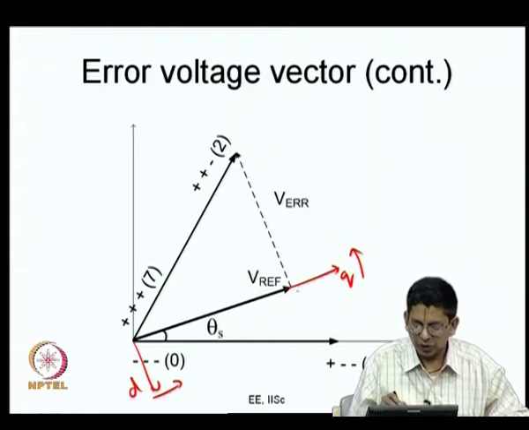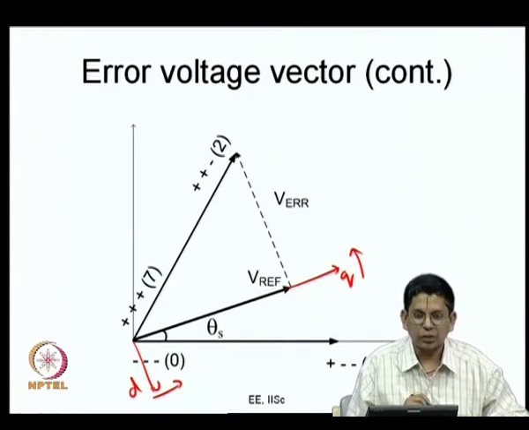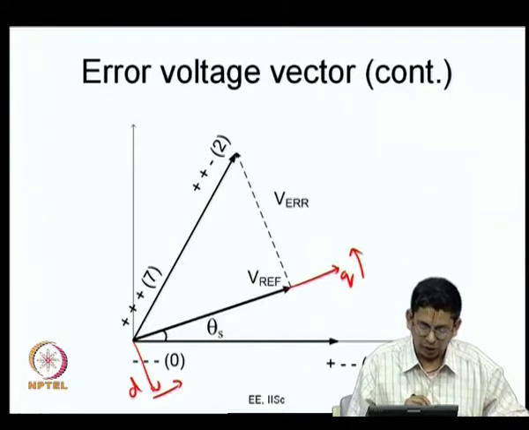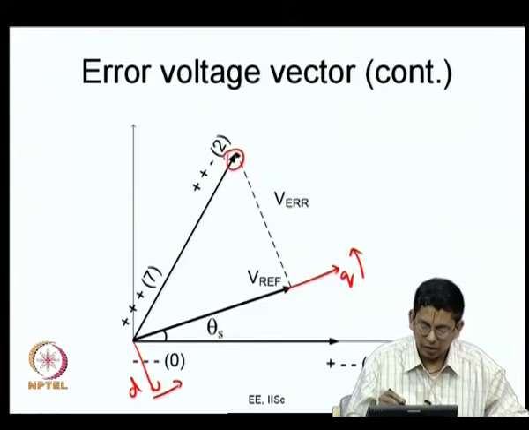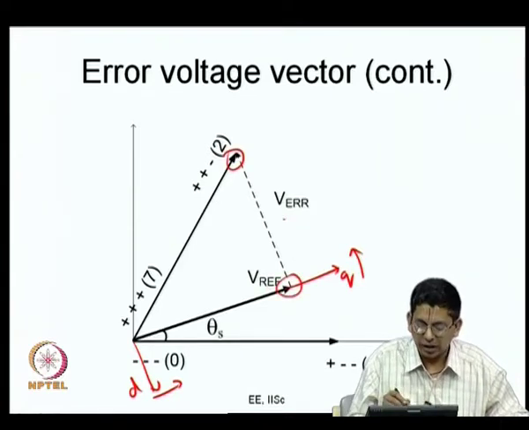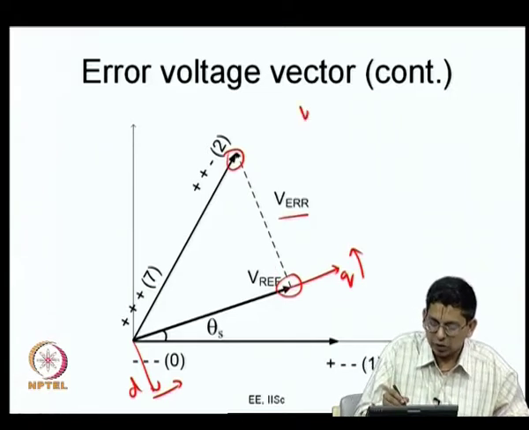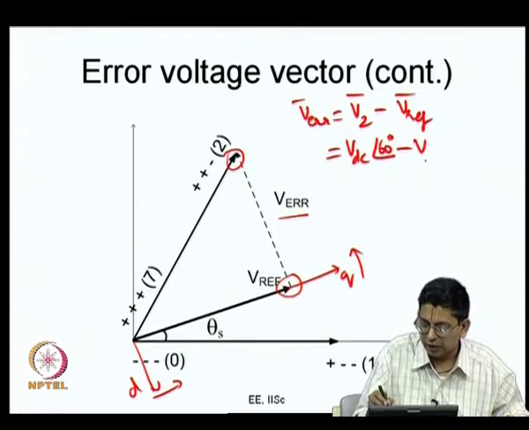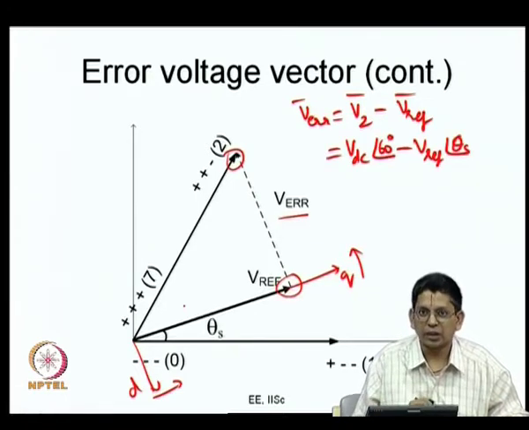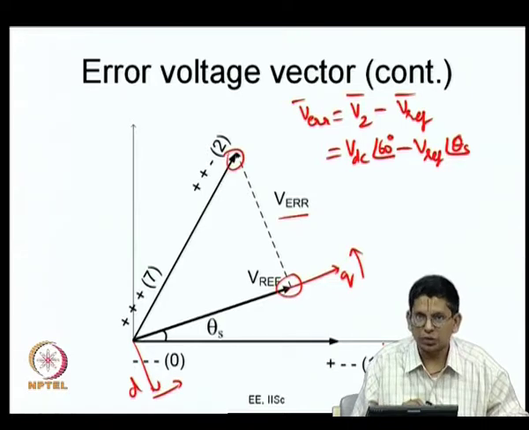So, you can say your V reference vector is aligned with the q axis and this is your d axis. The applied vector is this, the desired vector is this, and the error vector is the difference between the two. As I said before, V error vector equals V 2 vector minus V reference vector, which I can write as VDC angle 60 degree minus V reference angle theta s. I am taking this alpha axis as the reference when I am writing those equations here.